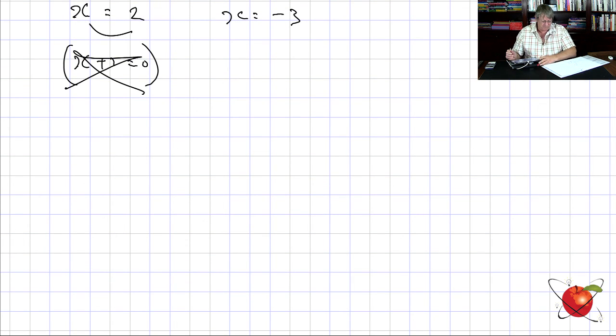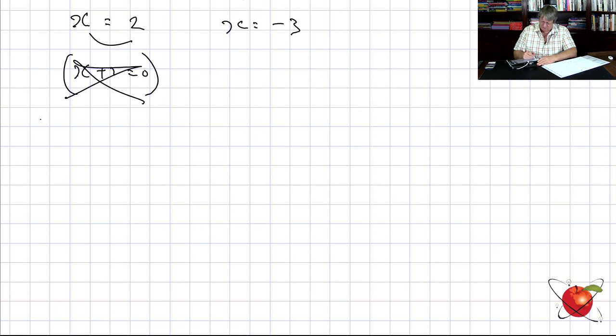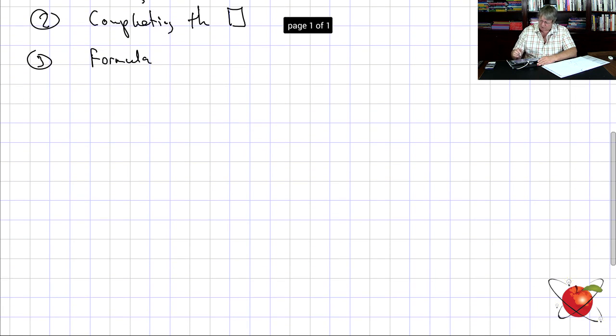So now, section 2, number 2 was by completing the square. Number 3 is by using the formula. They are going to tell you by completing the square or the formula. Recommendation: don't do completing the square unless it's asked for.